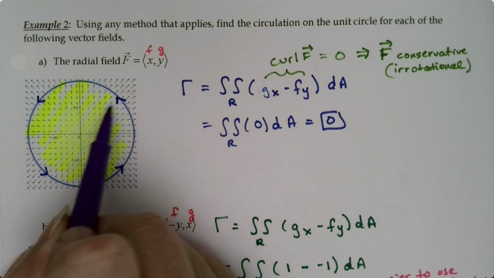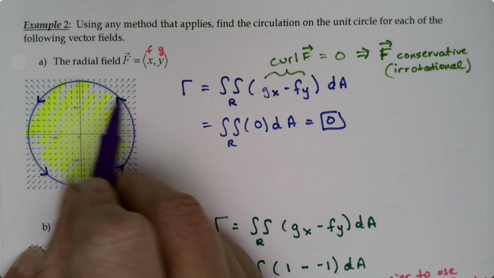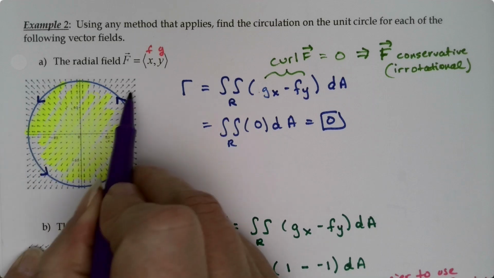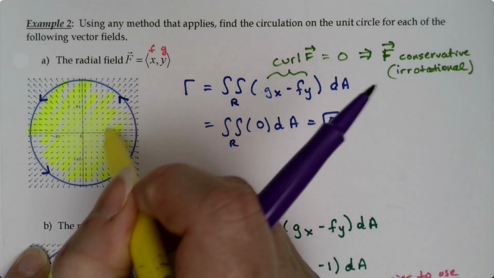That's different from the first one. In the first one, it's 0 because there's no arrows pointing with the curve, right? The vector field's completely running across the curve. We have no circulation. We actually have tons of flux, right? But no circulation.